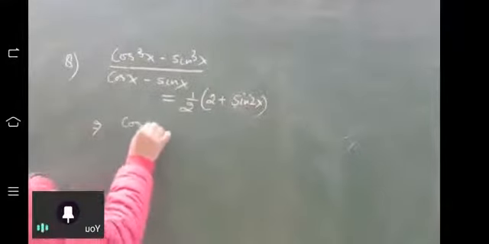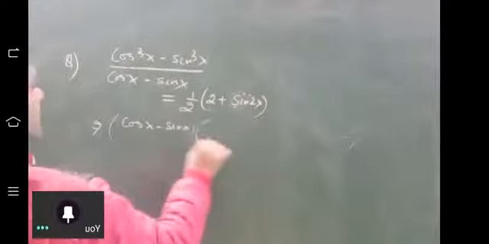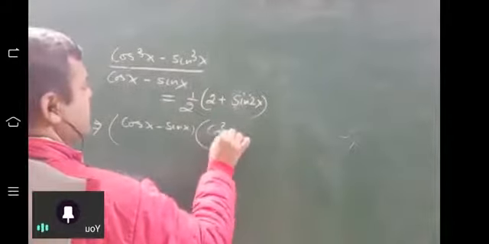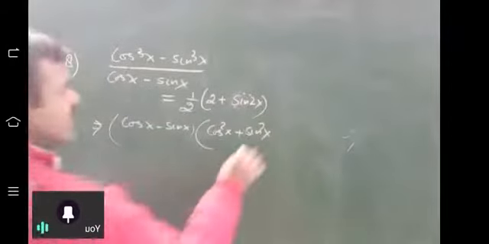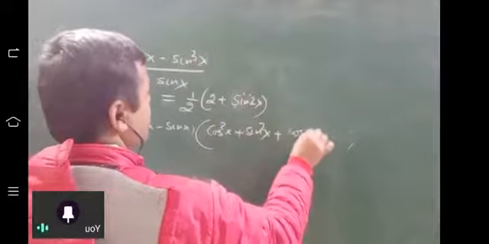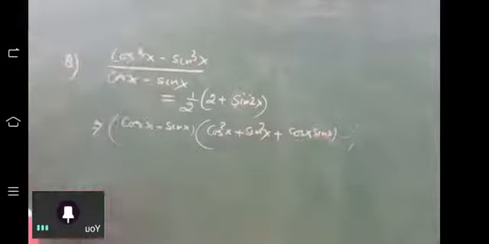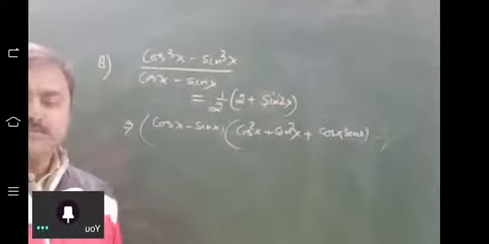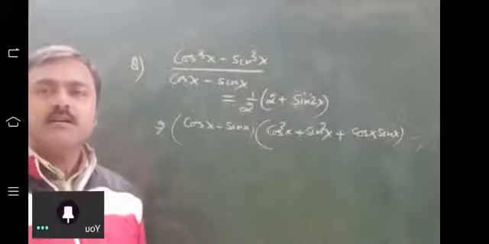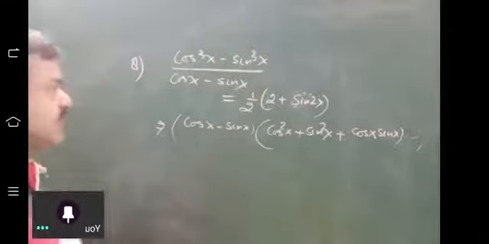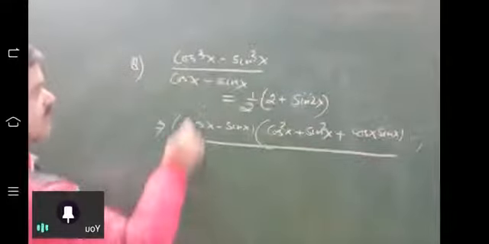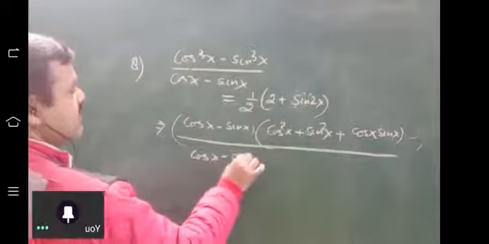So cos x minus sin x is a minus b, and in the second bracket a² plus b² plus ab, because a is cos x and b is sin x, divided by the whole term cos x minus sin x.